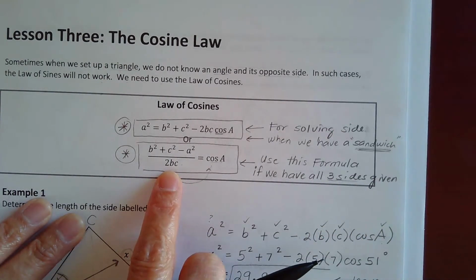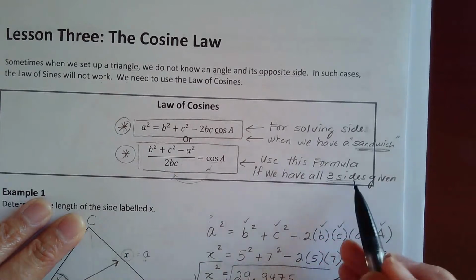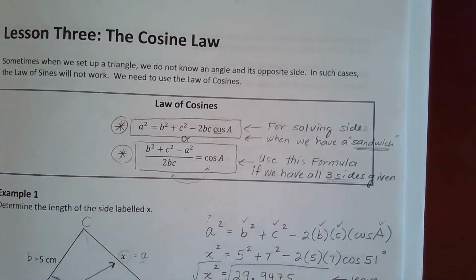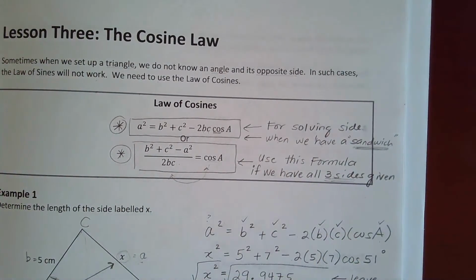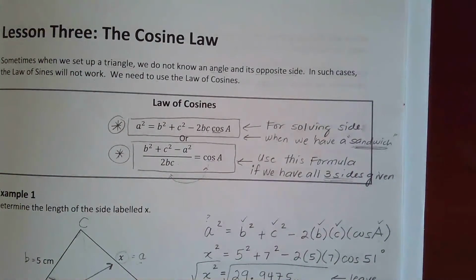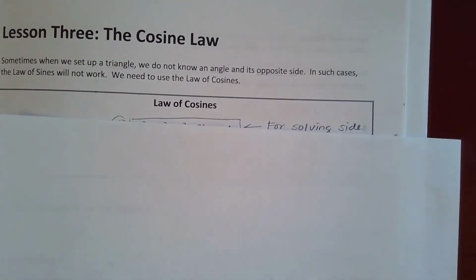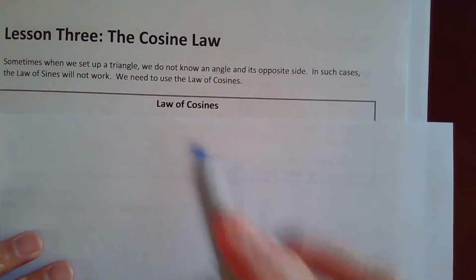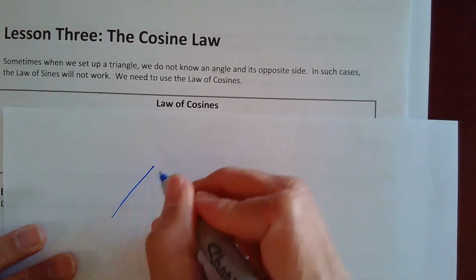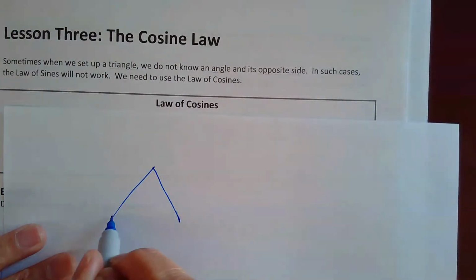Now, how do we know it's all three sides given? I'm just going to grab a piece of paper and write this down. So let's say you have a triangle.